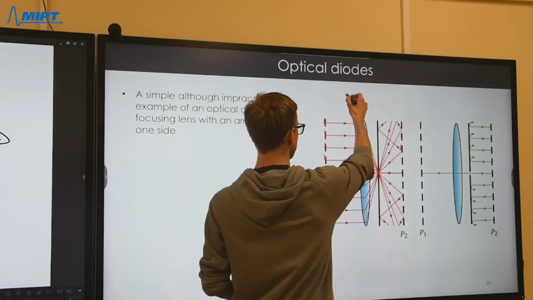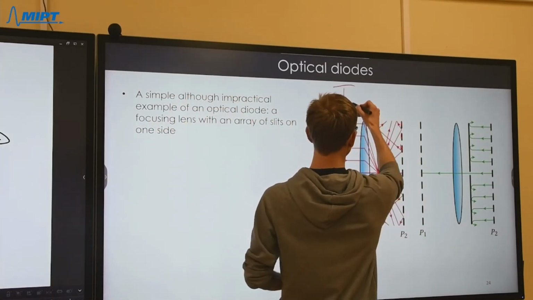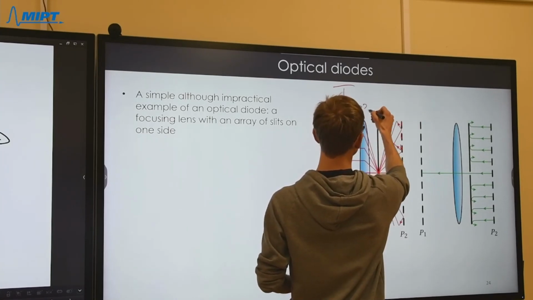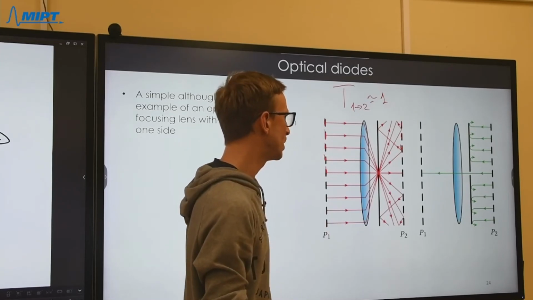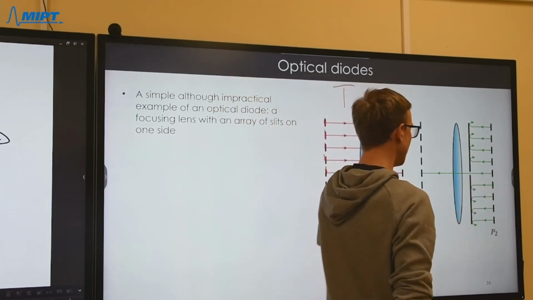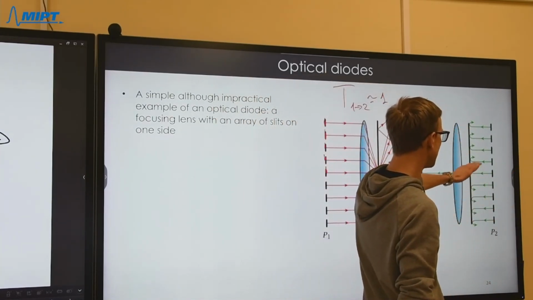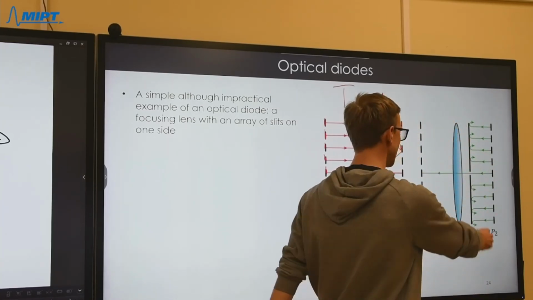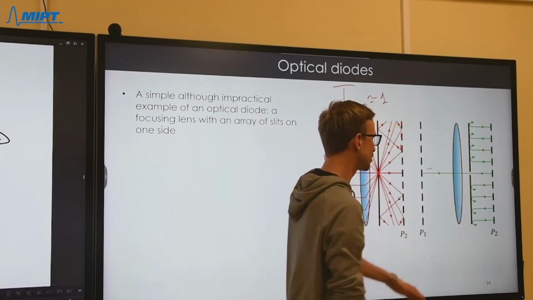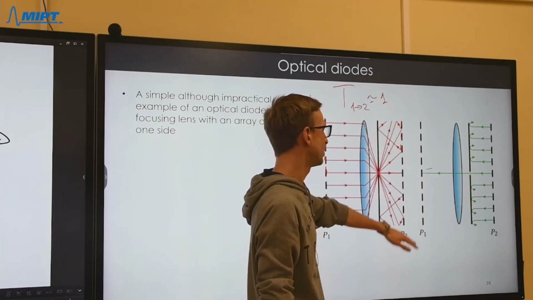So we can say that T from 1 to 2 is nearly 1. And then we illuminate the same system from the other side. And this aperture, because it is placed before the lens, blocks almost all of the radiation, and only a tiny fraction of the radiation passes through the aperture and through the lens.